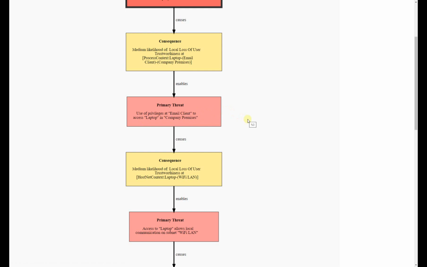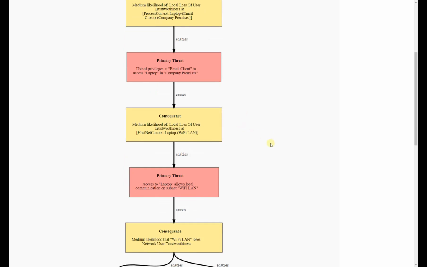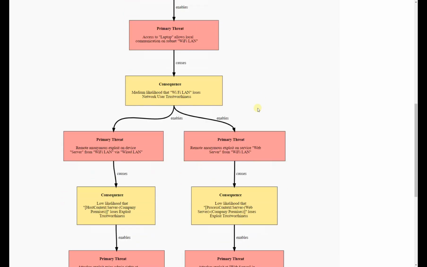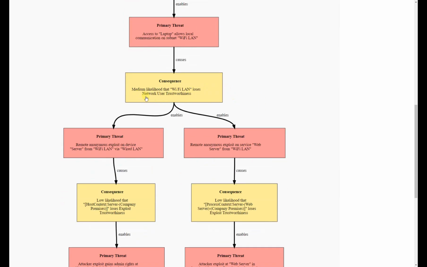So that essentially means the attacker is able to move in from the emailer client into the laptop environment. Once they're on the laptop, it's possible to then communicate on the Wi-Fi LAN that the laptop's connected to, and so we say that the Wi-Fi loses network user trustworthiness. We're saying that there's untrustworthy people with access to the Wi-Fi.